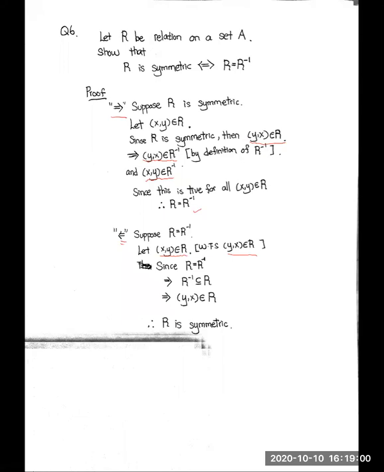But R inverse is a subset of R. Therefore, we can conclude that (y, x) is also in R. Then we are done, and R is symmetric.